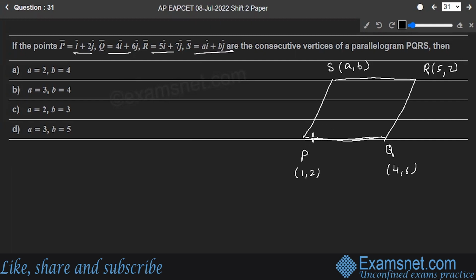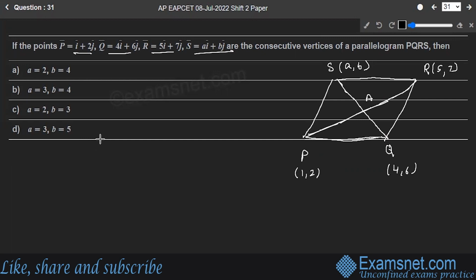Now first just let me make the diagonals. So let the point of intersection of the diagonals be equal to A. So I'm taking A as the point of intersection of the diagonals PR and QS. You know, diagonals of the parallelogram bisect each other.